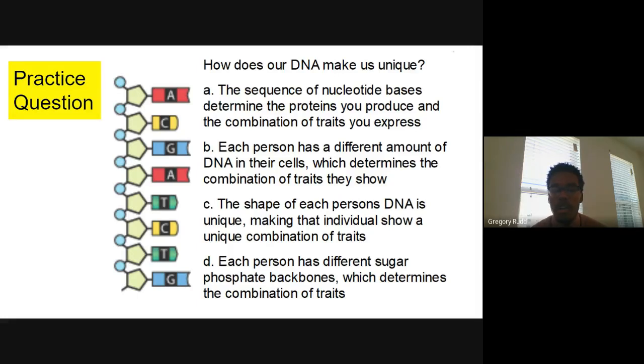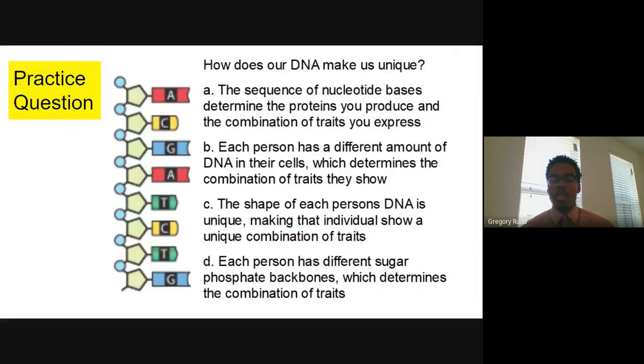So there are two things that I want to point out here that are really good that Ayana has identified. Number one, in both answer choices, Ayana has identified that the shape is important. Answer choice A talks about the sequence, which is essentially the shape. If I change the sequence, then I'm changing the shape. And answer choice C explicitly says the shape of each person's DNA.